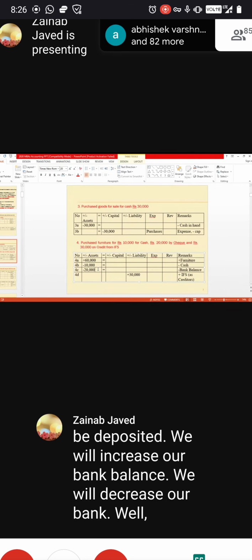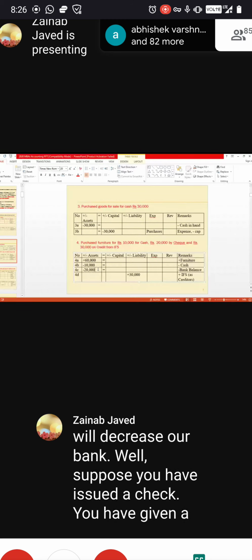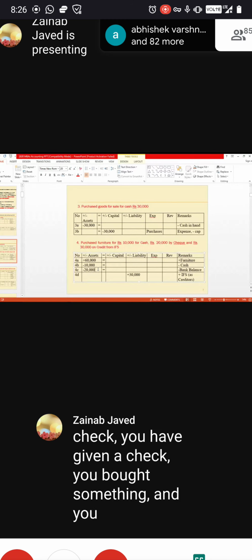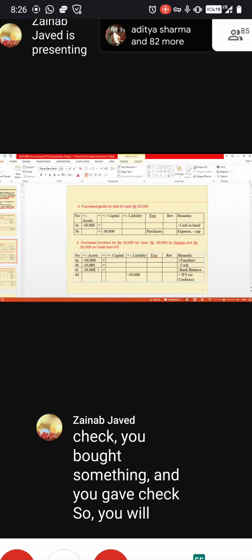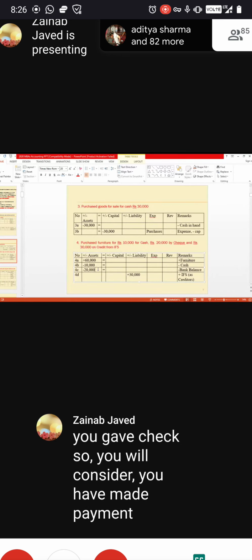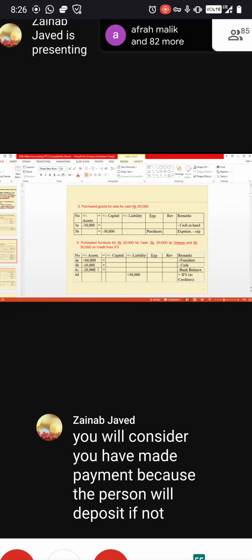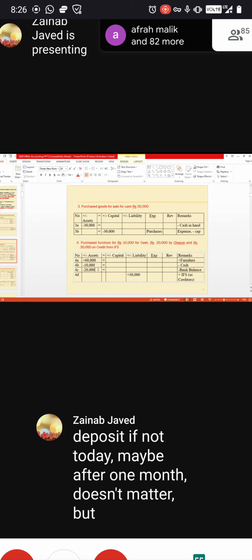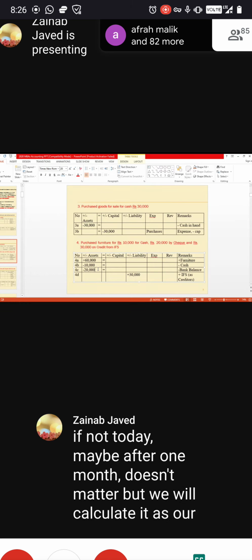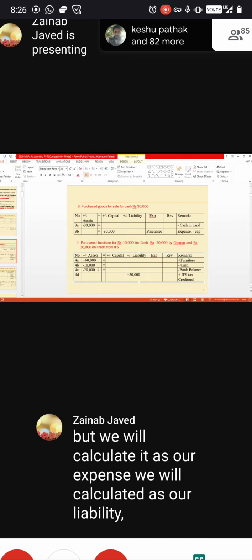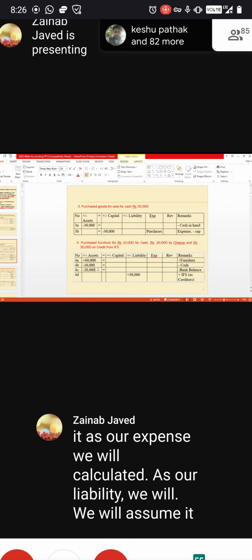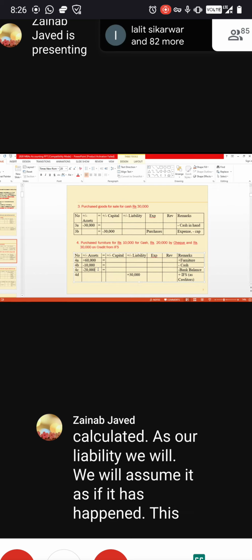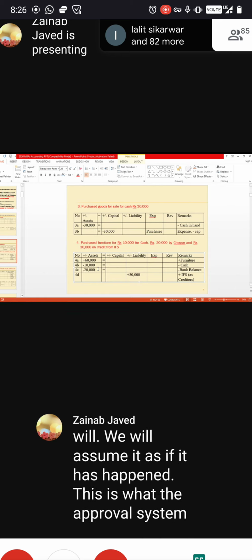We will decrease our bank balance. Suppose you have issued a check, you bought something and you gave a check. You will consider that you have made payment, because the person will deposit it, if not today, maybe after 1 month, doesn't matter. We will calculate it as our expense, as our liability, and assume it has happened. This is what the accrual system demands.